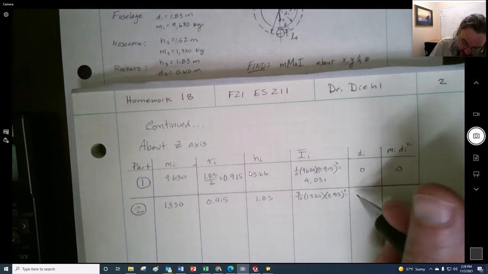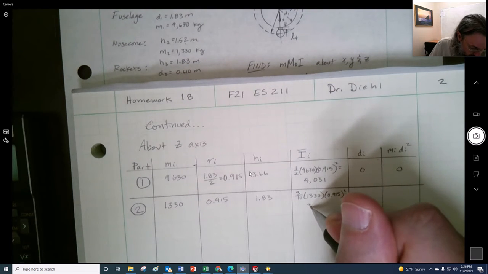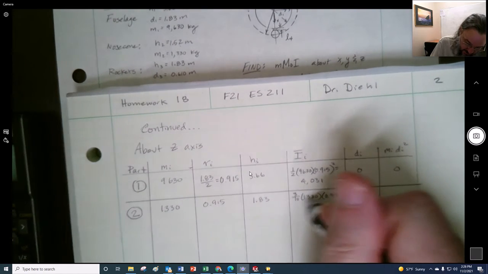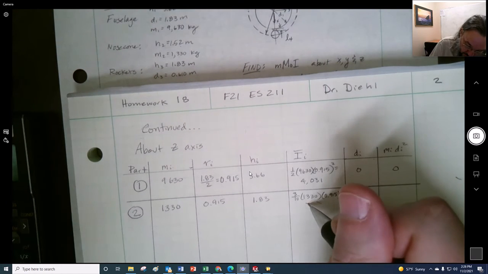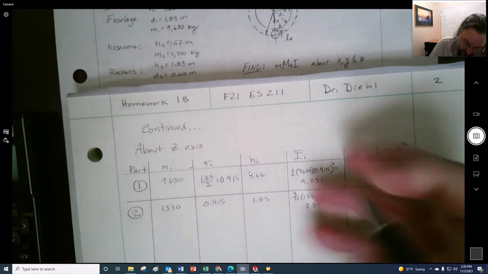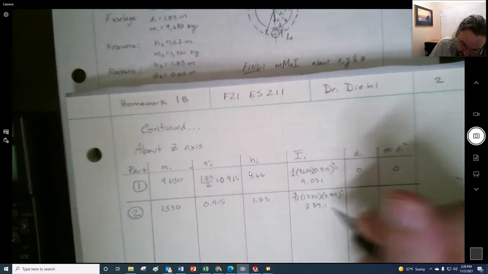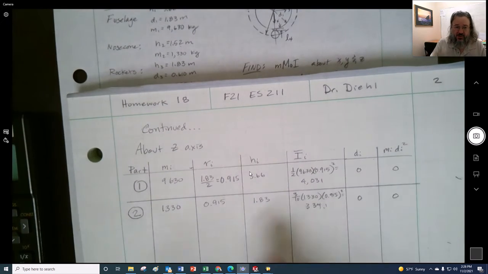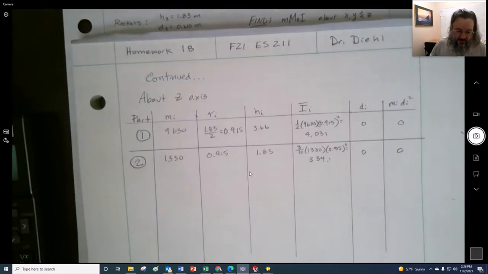So we're going to get 334.1. And this is also 0, and this is also 0, because we're spinning it about the z-axis, so we're not spinning it about the y-axis.